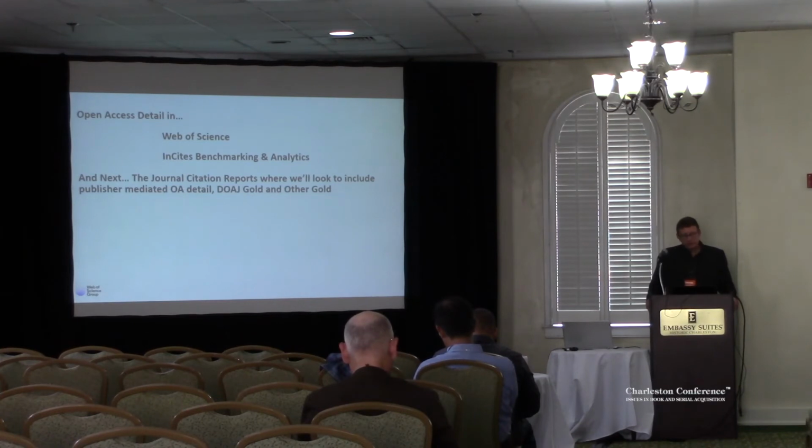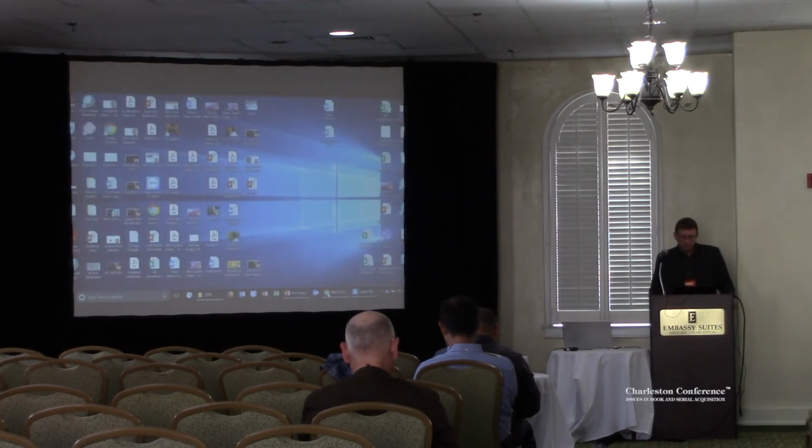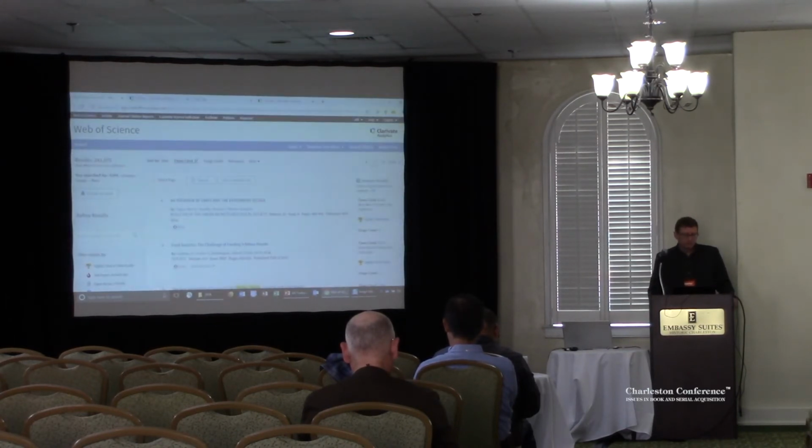This is just a bit of information much ahead of time, just so you're aware of what we're thinking about. We really have embraced open access and want to place it where it's most useful for everyone, and that includes the Journal Citation Reports. So let me just go live here.